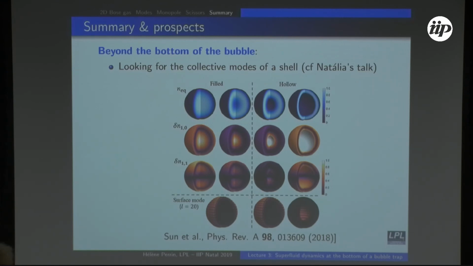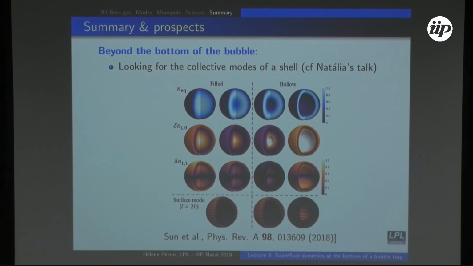So this would mean that the shell does this. So this is at the trap frequency because everybody goes in and out at the same frequency. And then you also have a monopole-like excitation where the shell itself breathes. And then, as it is a quasi-1D system, you find a square root of 3 in this situation. But this nobody has tested experimentally.